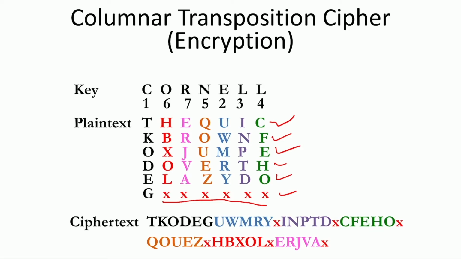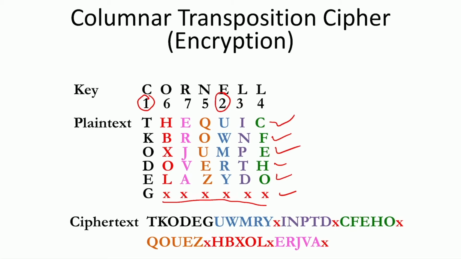Each column has a different color to make it easy to differentiate them as we are reading them out to generate our ciphertext. So we will read the letters in the black column first because it has number 1 written above it. Then we are going to read the blue column because we see 2 over here.